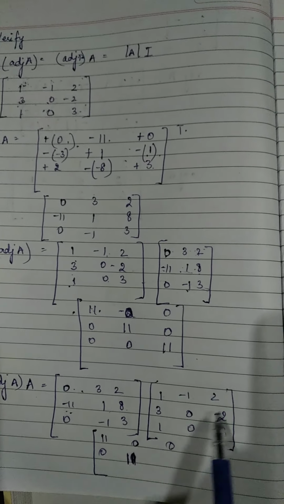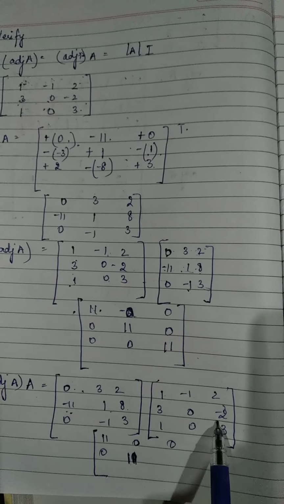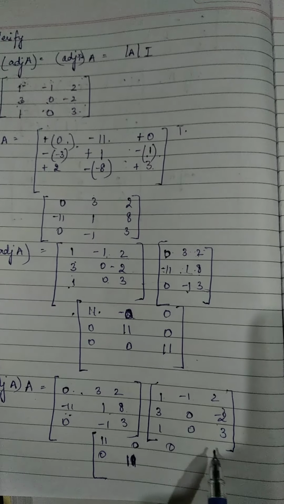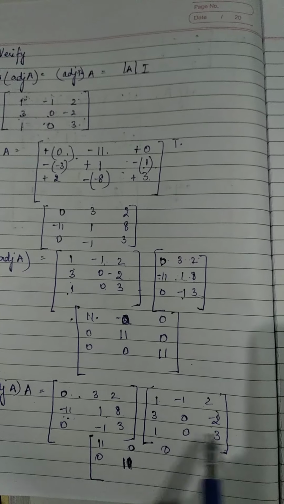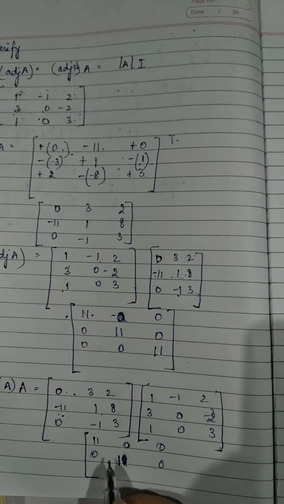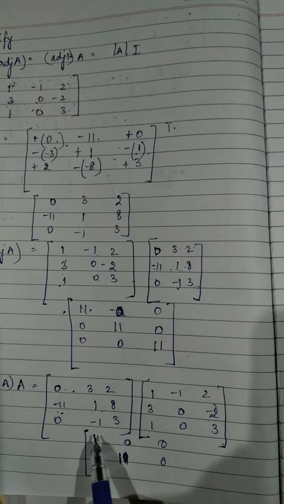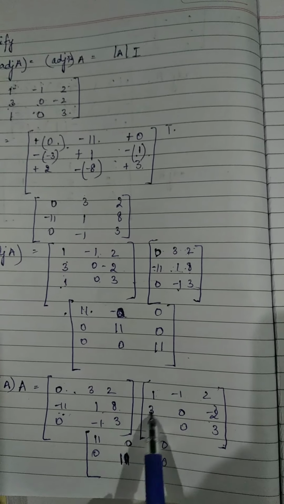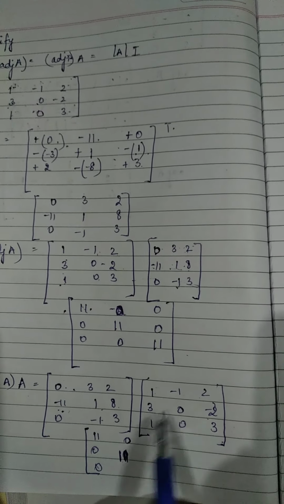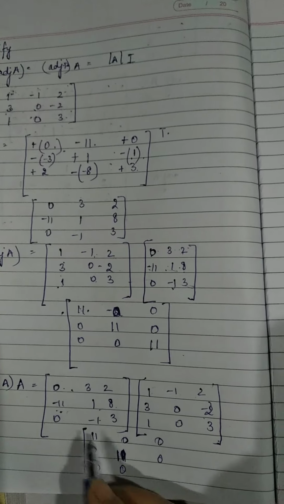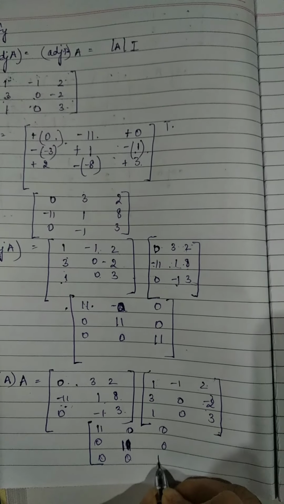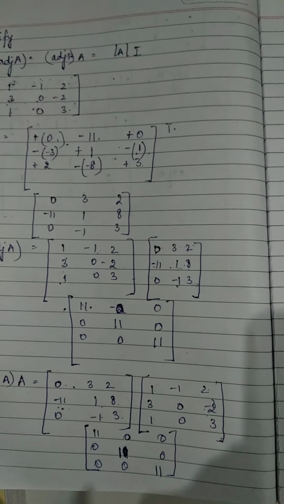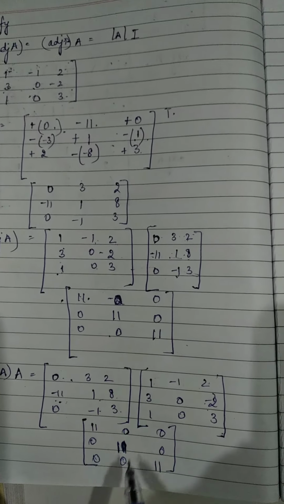Then again minus 22, minus 2, minus 24, plus 24 is 0 again. 0, minus 3 plus 3, 0, 0, 0 and 0, that's 0, 0, 2, 9, 11. Right? So what we can see is that the product is the same.